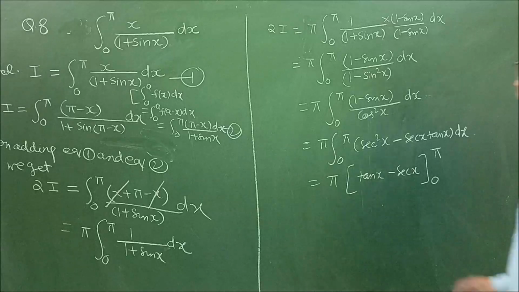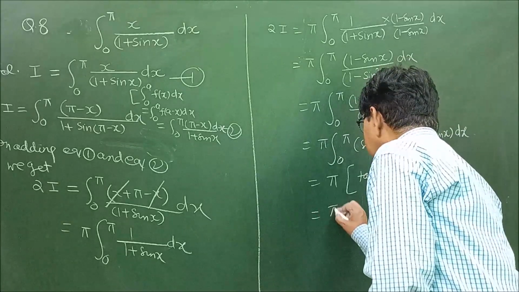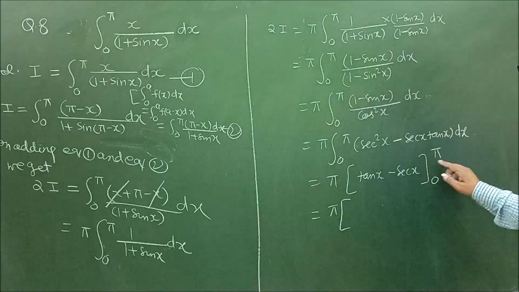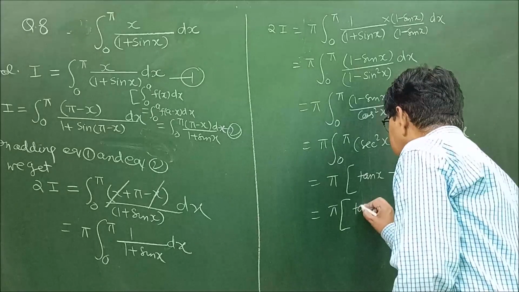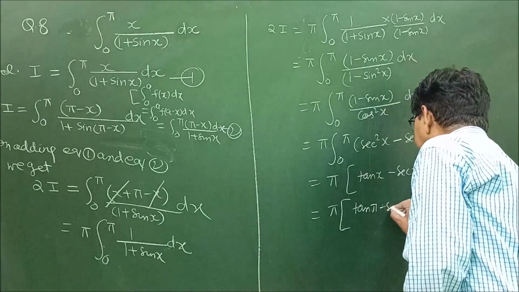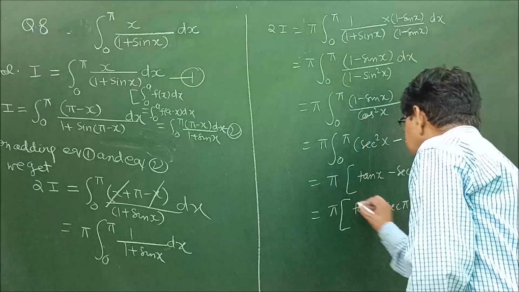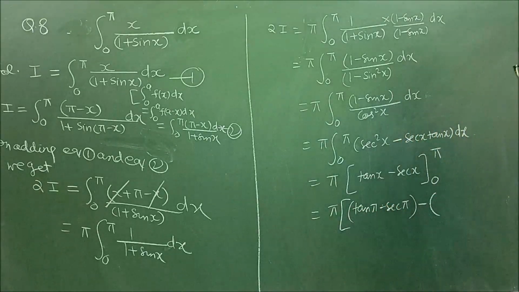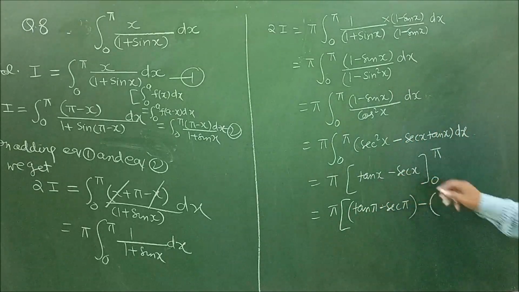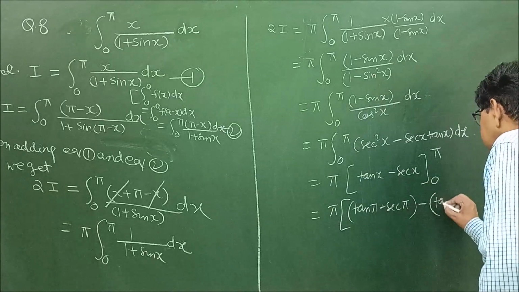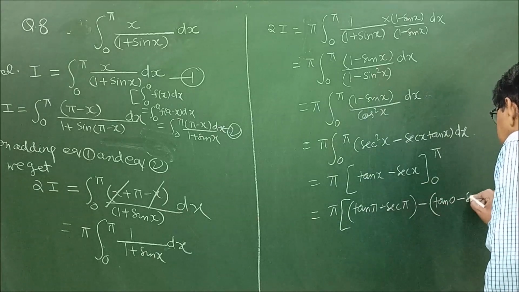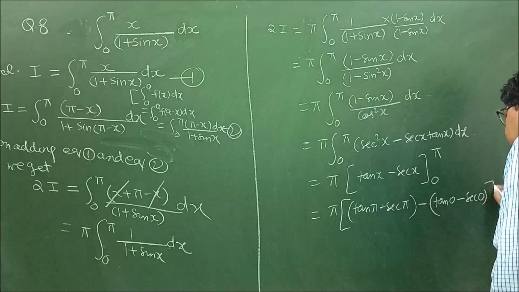So this is equal to 2I is equal to pi into, now putting the limits, tan pi minus sec pi, minus the lower limit, tan 0 minus sec 0.